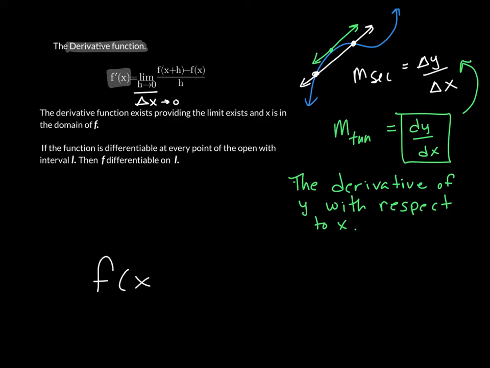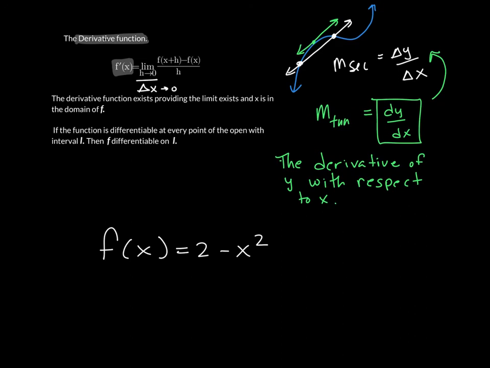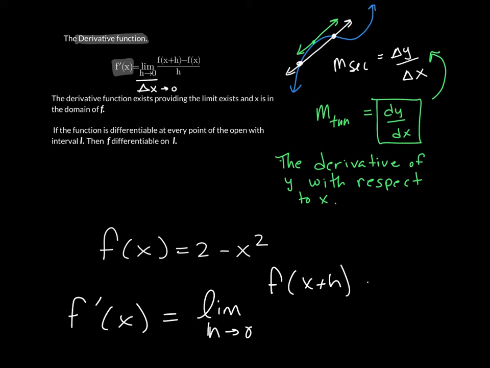Let's look at f of x is equal to 2 minus x squared. So we are looking for the f prime of x, which is the first derivative of f of x, and that is the limit as h approaches 0 of f of x plus h minus f of x all over h.